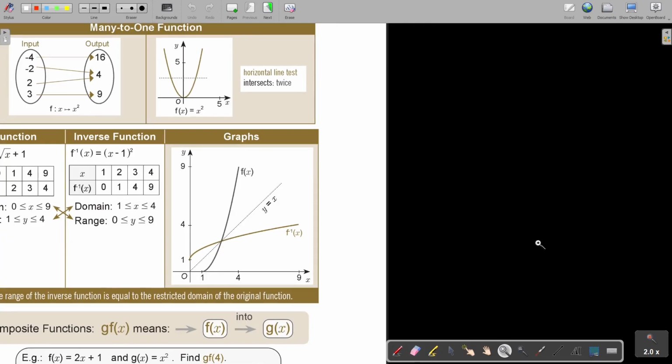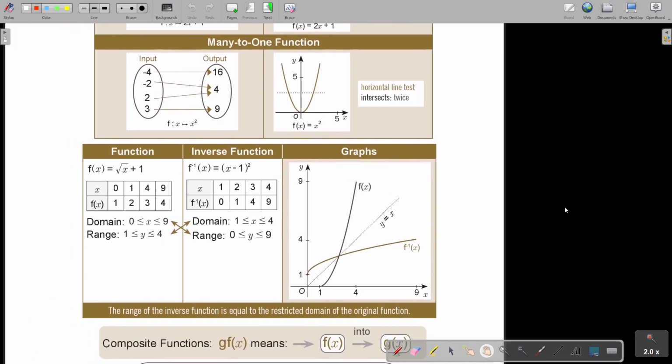The domain of the function will be equal to the range of the inverse function, and the range of this function will be equal to the domain of the inverse function.